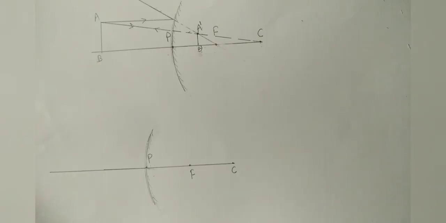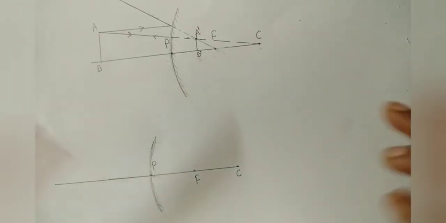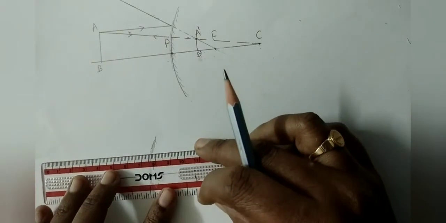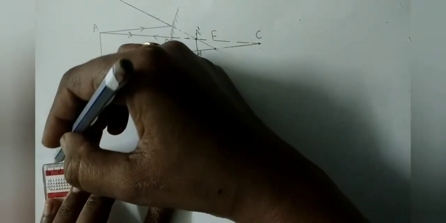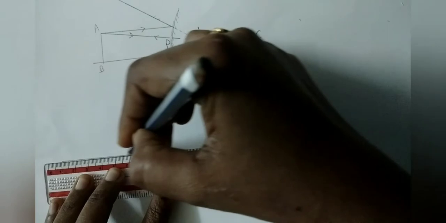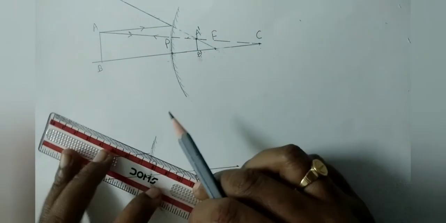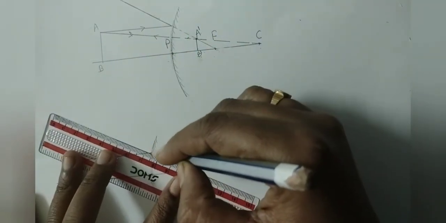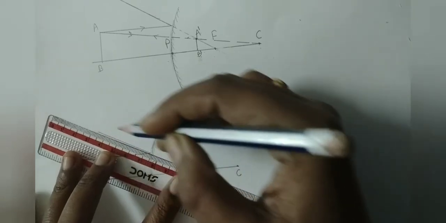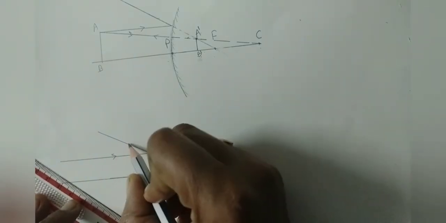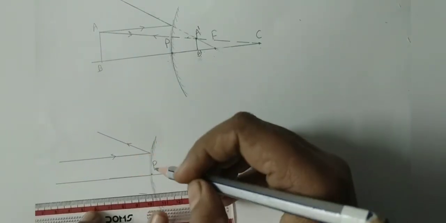Next case is when an object is placed at infinity from the convex mirror. See, if the object is at infinity, the rays coming from the object will come parallel to the principal axis, and after reflection they appear to diverge from the principal focus.